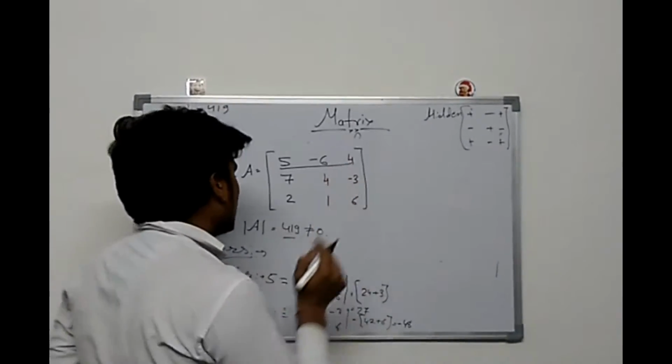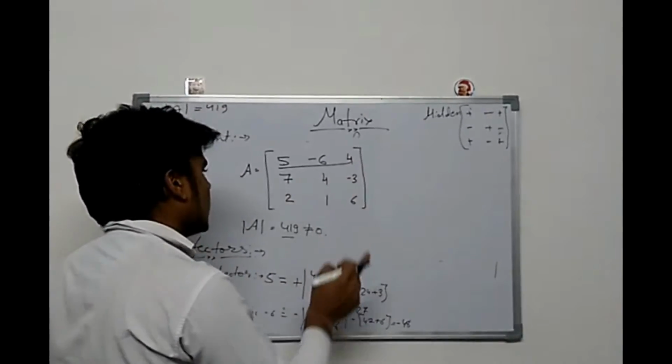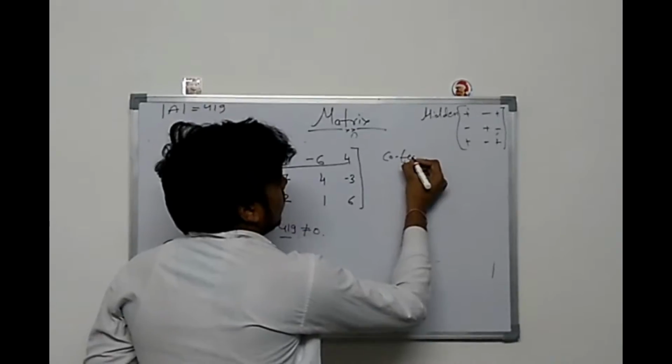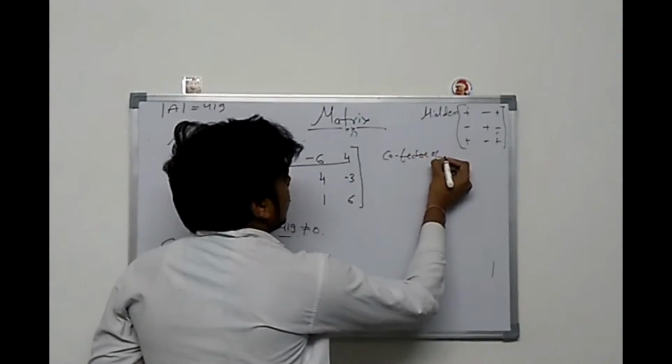And we write the minus cofactor of 4 as 4.